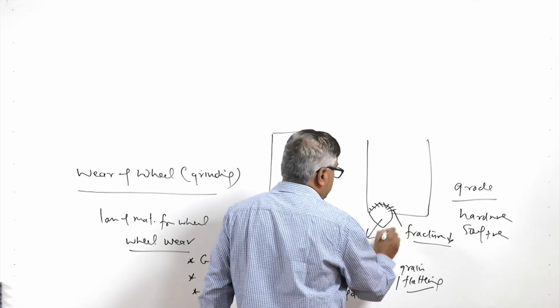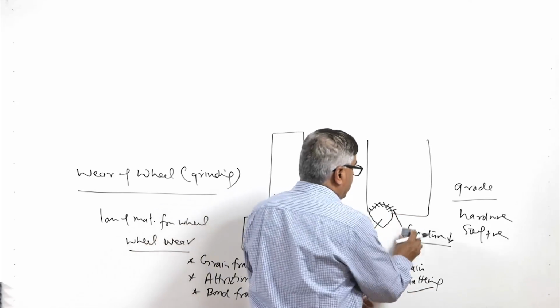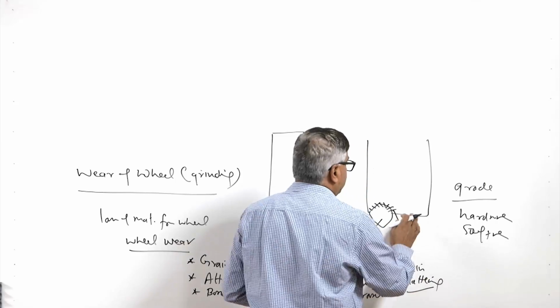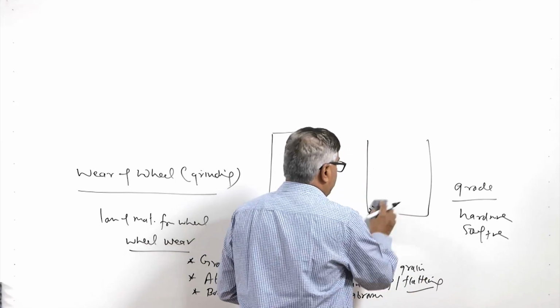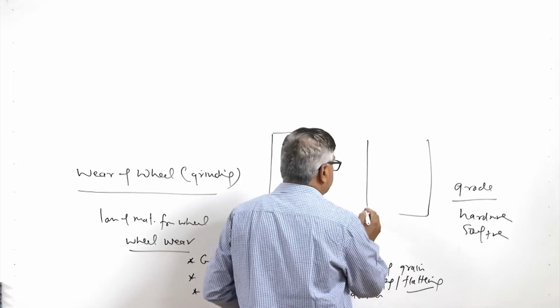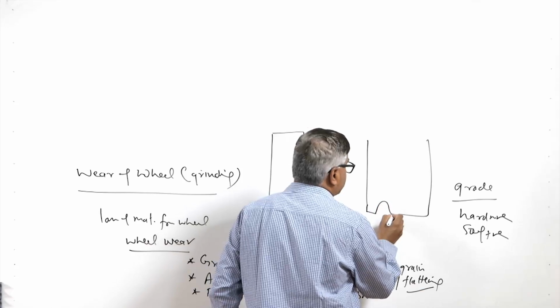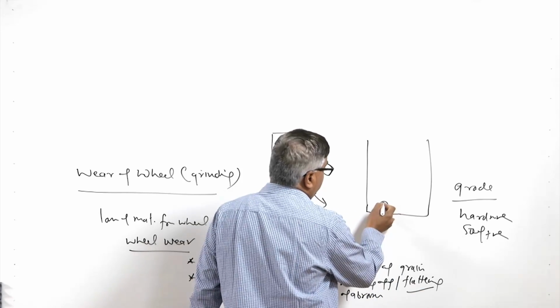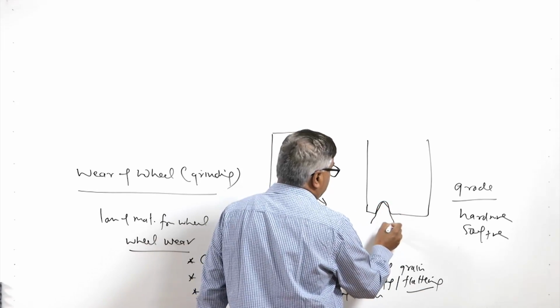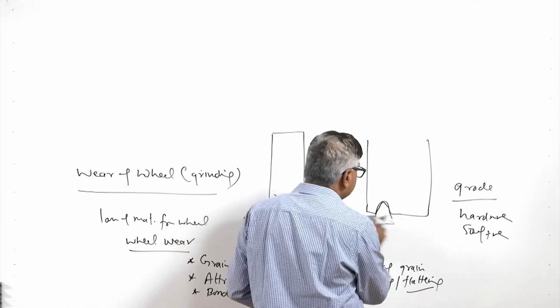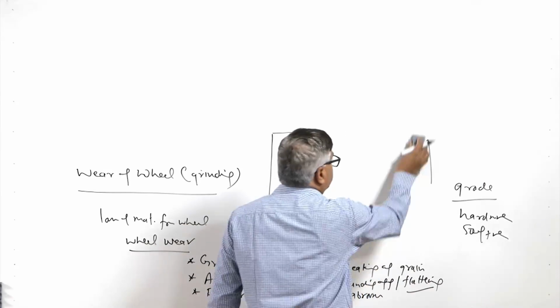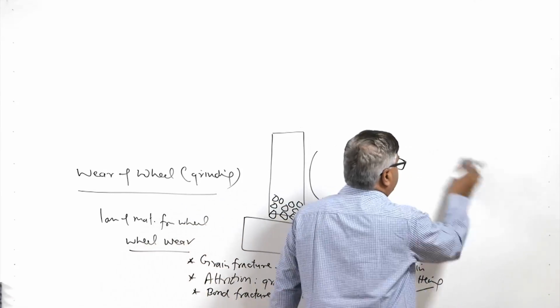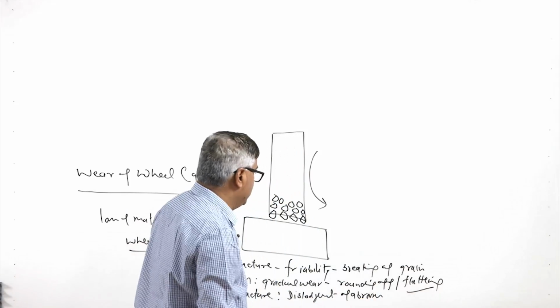When the abrasive is pulled out, it leaves behind a space in the location where it was held. So these are the three ways by which material loss from the grinding wheel takes place.